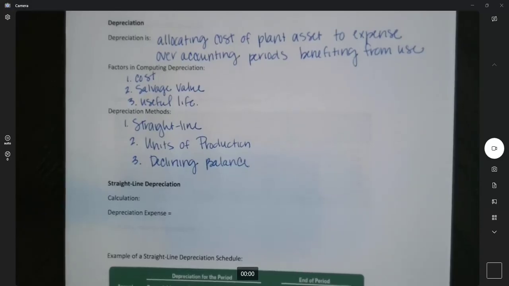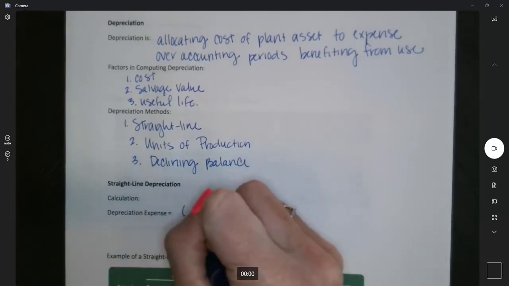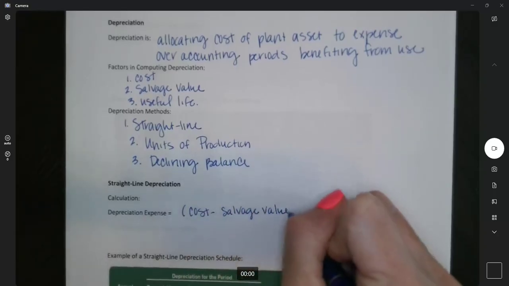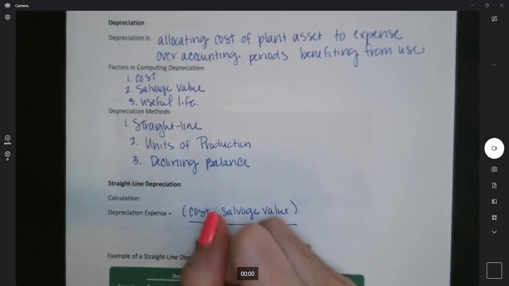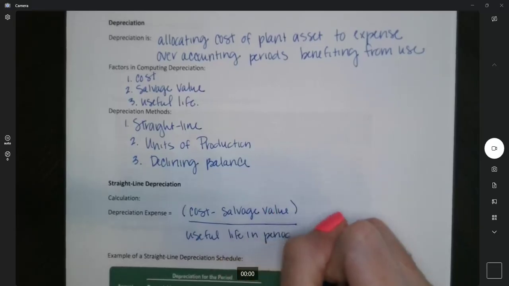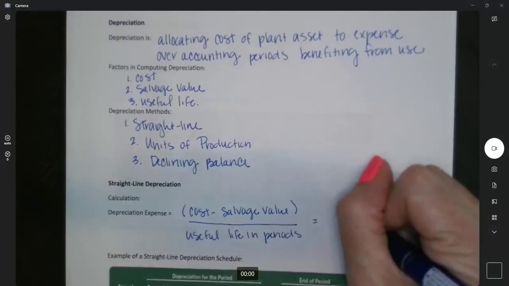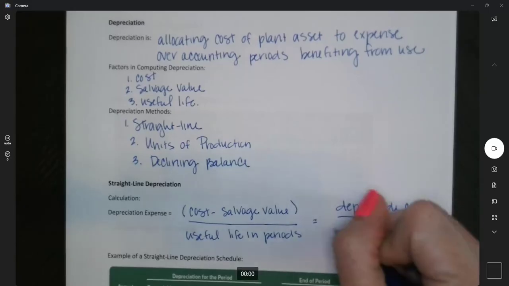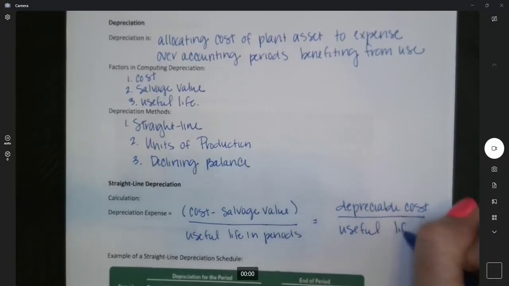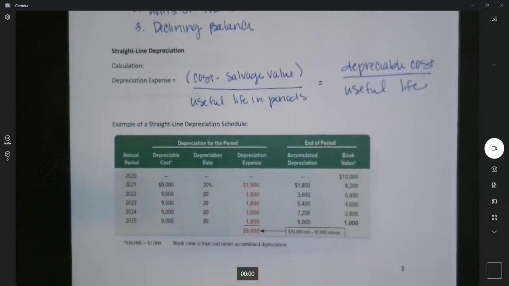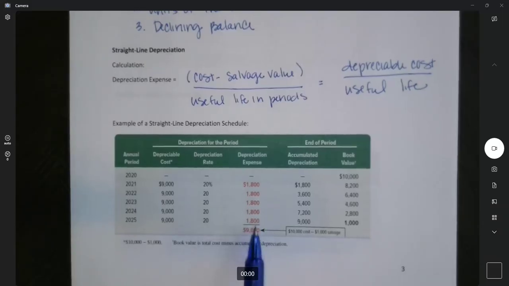For straight line depreciation, the calculation that we're going to use is going to be cost minus salvage value divided by useful life and periods. This numerator could also be called the depreciable cost. Down below here, we have an example of a straight line depreciation schedule. You'll notice the depreciation expense is the same each year.